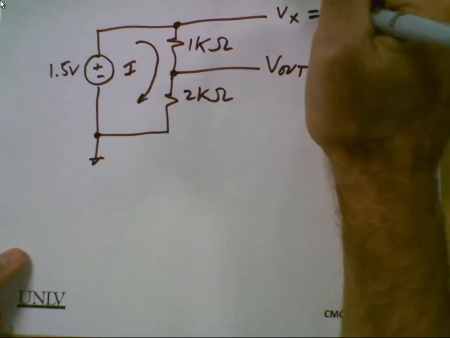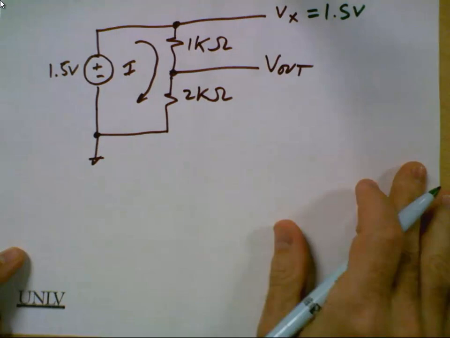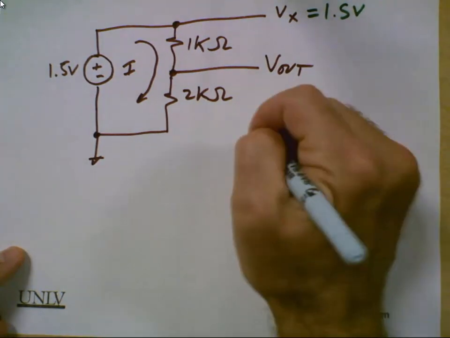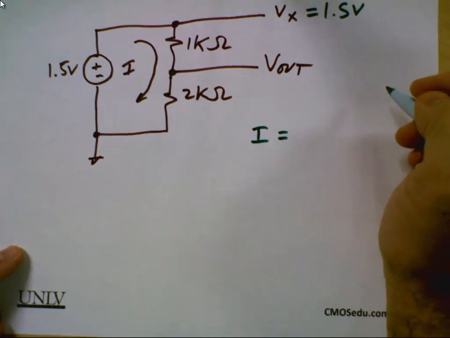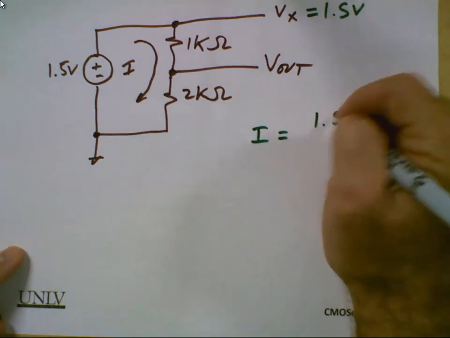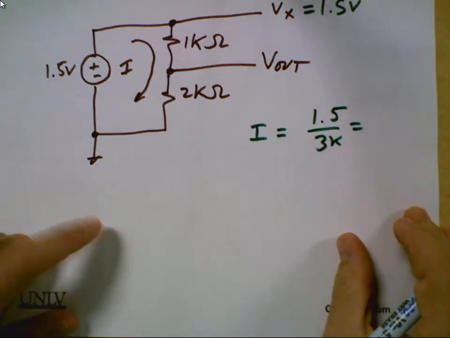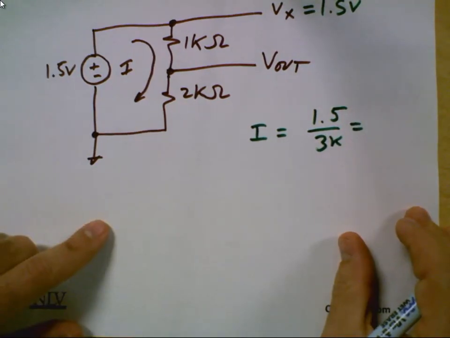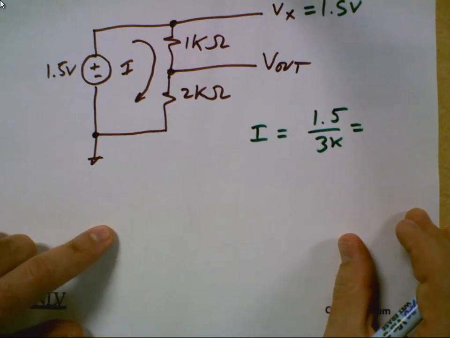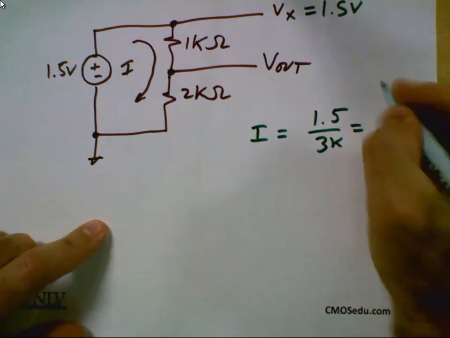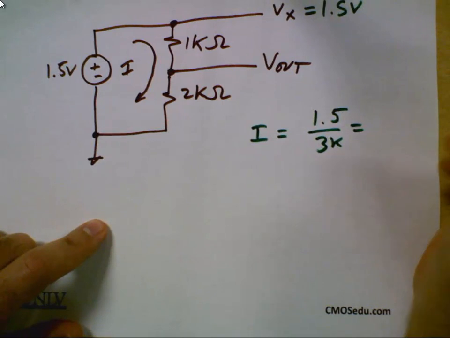Okay, what's I? What's 1.5 divided by 3k? Now I'm going to do it slow this time just because I want to make sure everybody gets it.